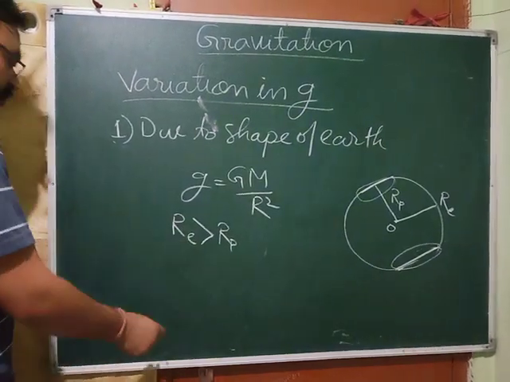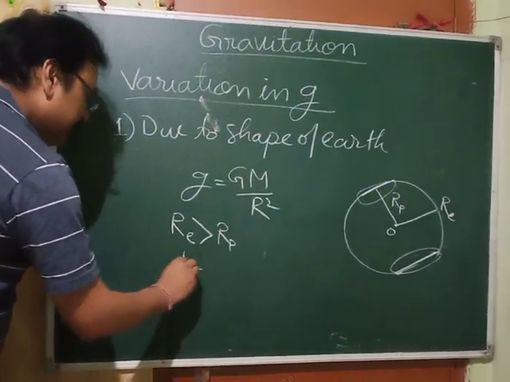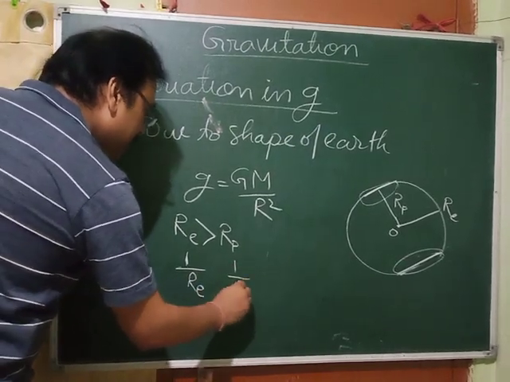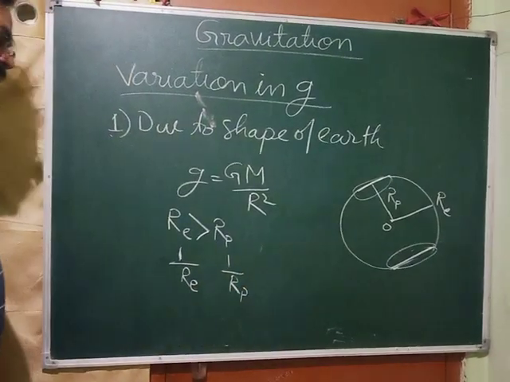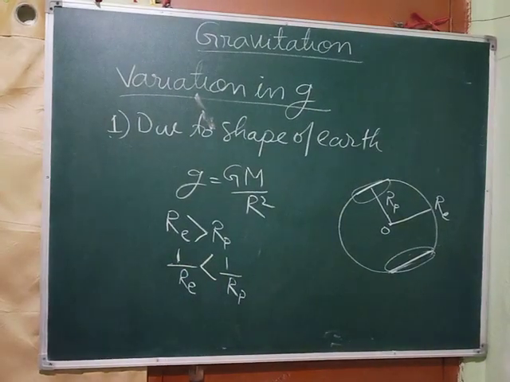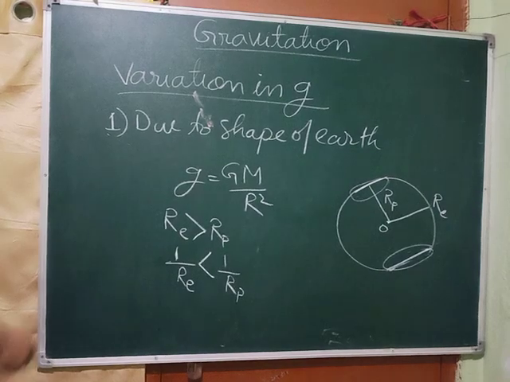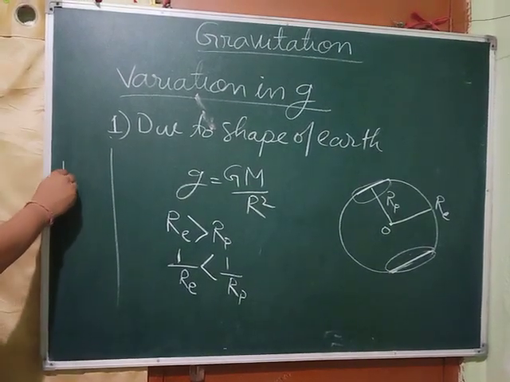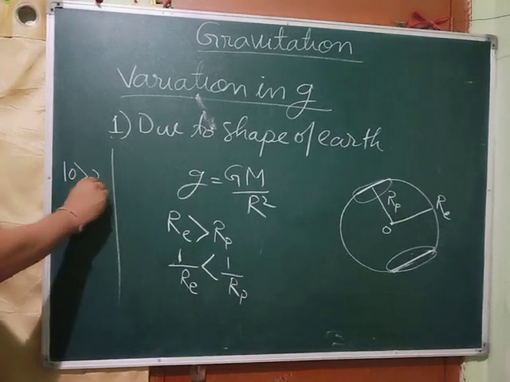Now what will happen if we invert this? We will get 1 by RE and 1 by RP. Which will be greater? Obviously the sign will change. Why will the sign change? Let me tell you, my dear children, with an example. You know very well 10 is greater than 2.